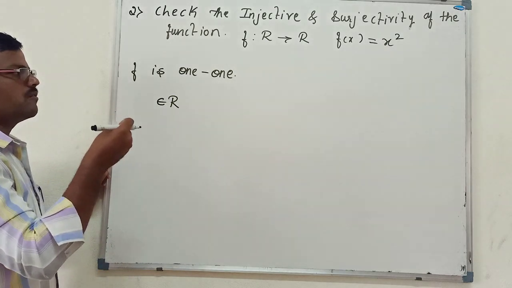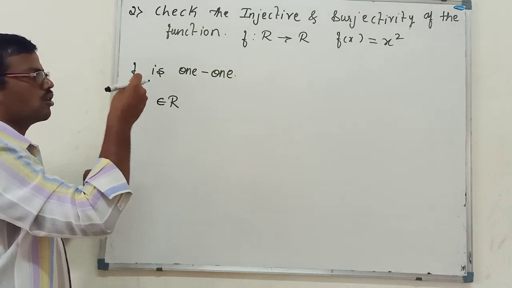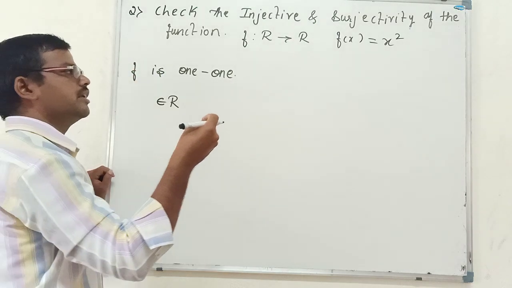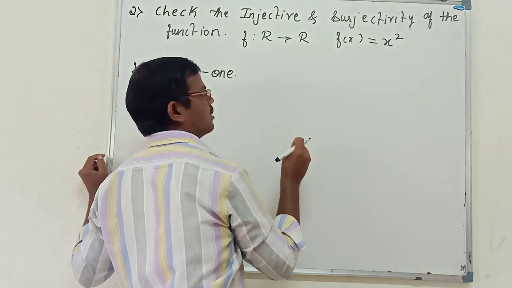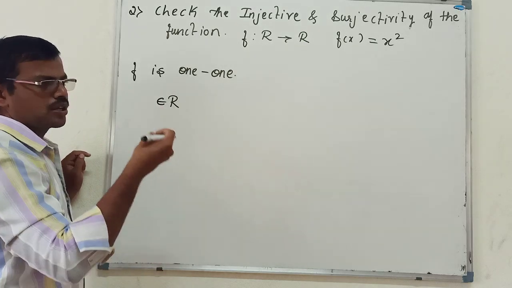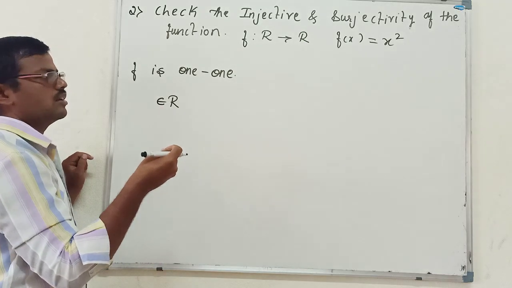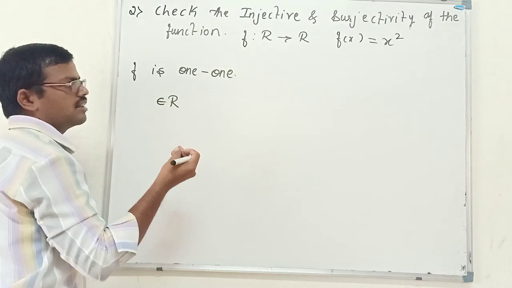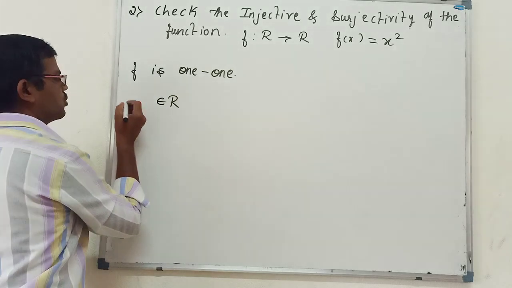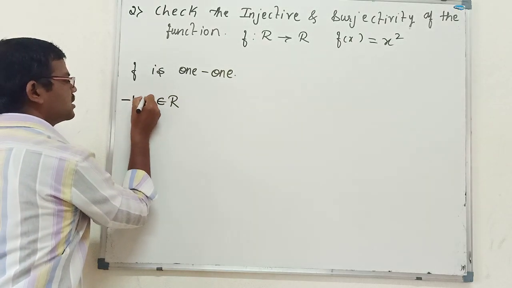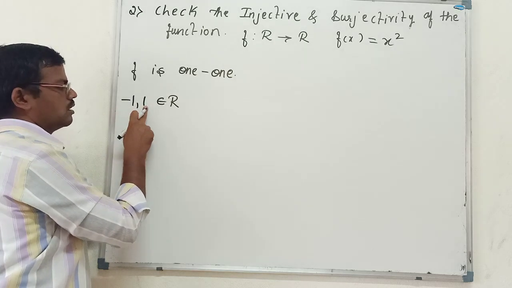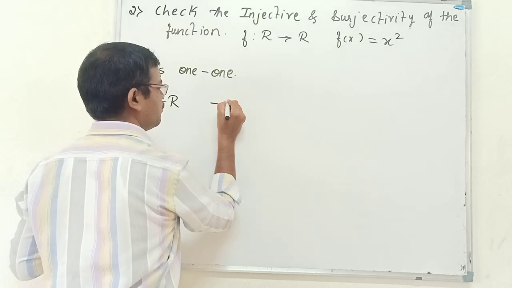So whenever we are discussing a function from real numbers to real numbers, or integers to integers, and it is defined as a perfect square, f of x is equal to x square, at that time we have to consider that. So how to consider the elements to show that it is one-one or not? For that, it is better to take the same number with the opposite sign. So minus 1 belongs to the real numbers, and they are different.